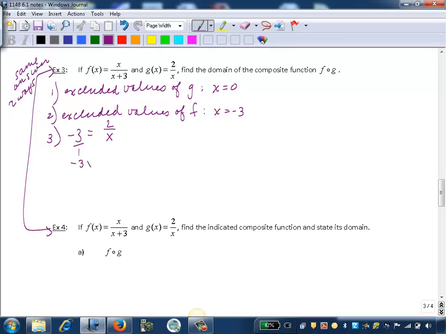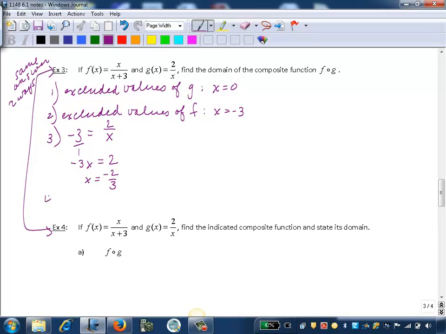So we'll get -3x equals 2, and divide and get x equals -2/3. So this means if we have an x value of -2/3, that's going to cause g to equal -3, which is an excluded value of f.